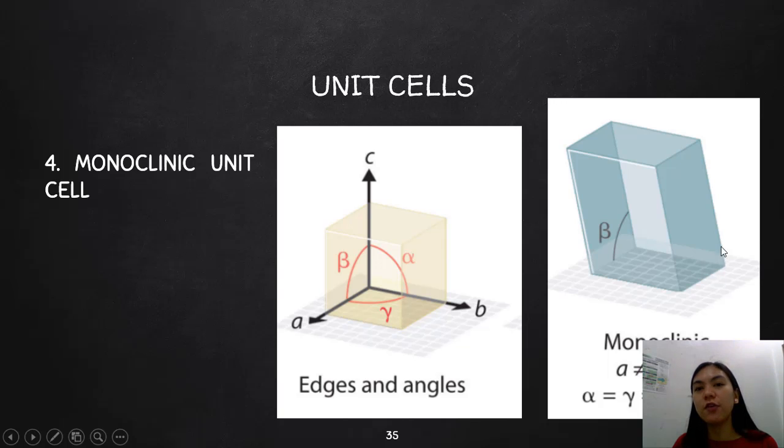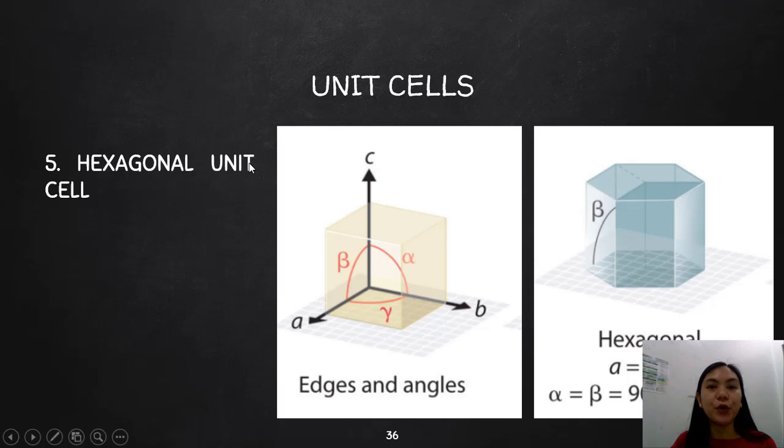Kaya if you get to see the figure, medyo nakatilt siyang pag ganon kasi hindi na po 90 degrees yung ating beta angle. So again, for your monoclinic, no sides are equal. Your alpha and gamma angle is equal to 90 degrees. However, your beta angle is not equal to 90 degrees.